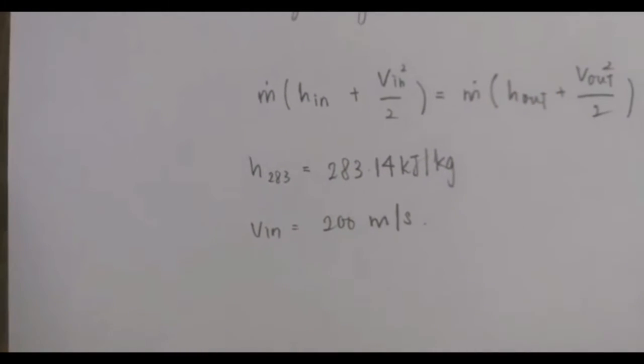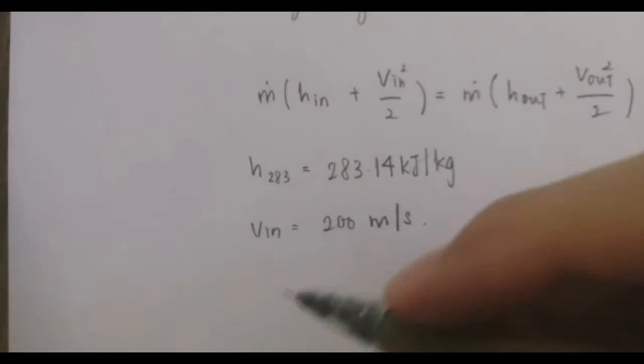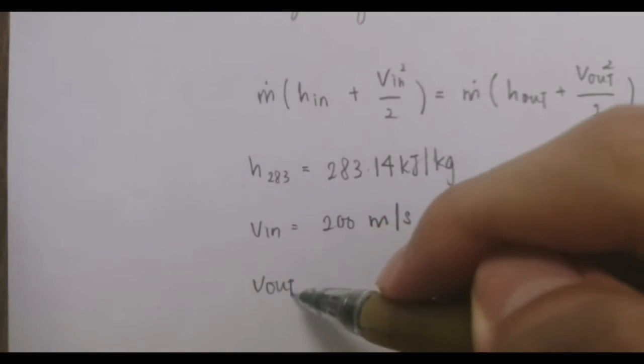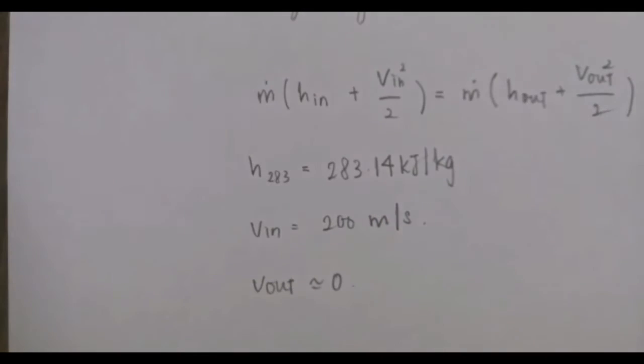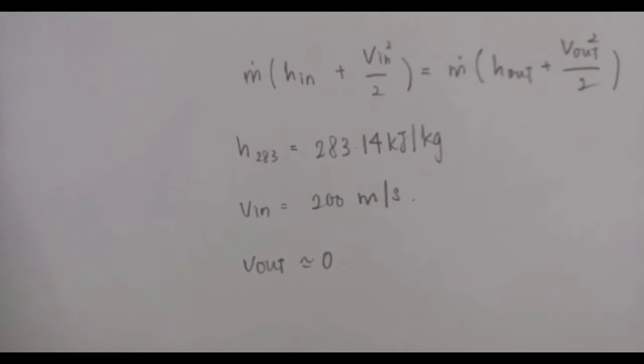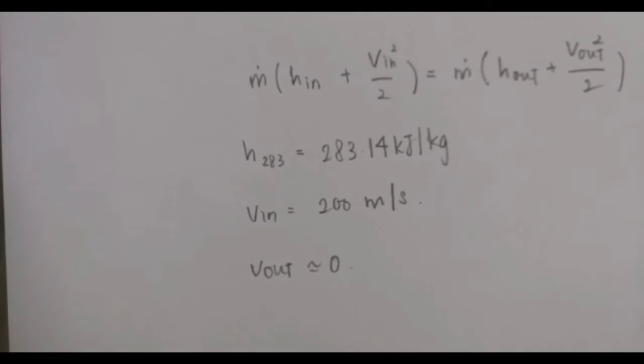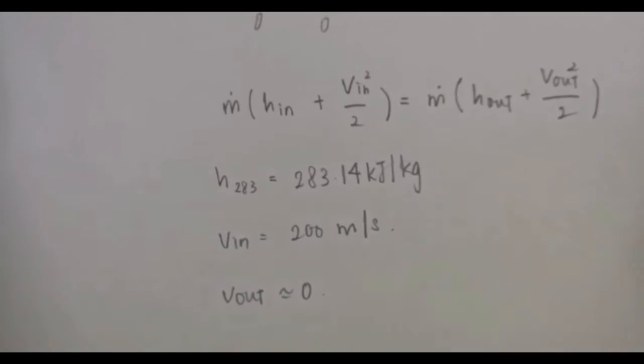Based on the question, they have mentioned that the velocity out is very small compared to velocity in. Therefore, we can assume that the velocity out is equal to 0. Now we have all the information and we just substitute into the equation.